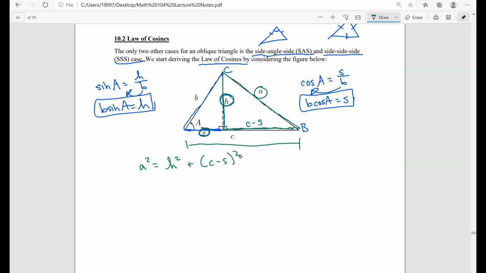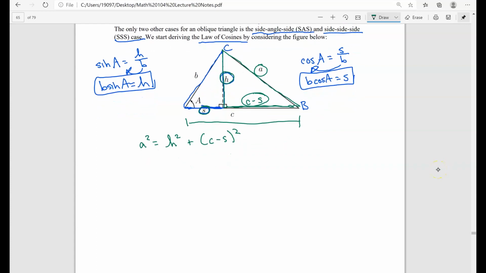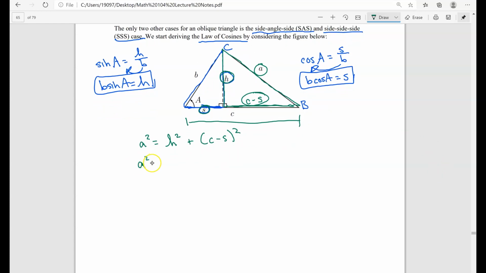Notice that I already have expressions for H. I know that H is equal to B sine A, squared. And C, I don't know what that is, so I'm going to leave it there. And then S is equal to B cosine A, squared.